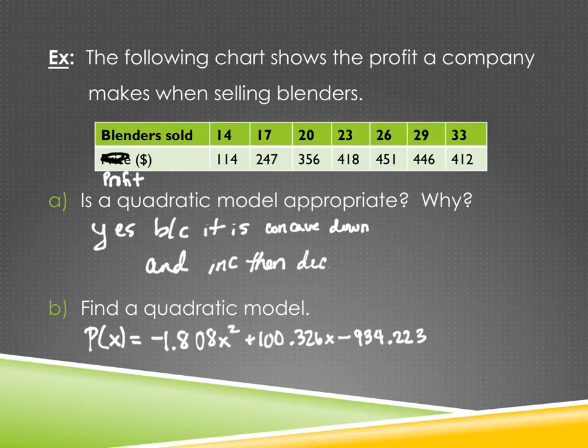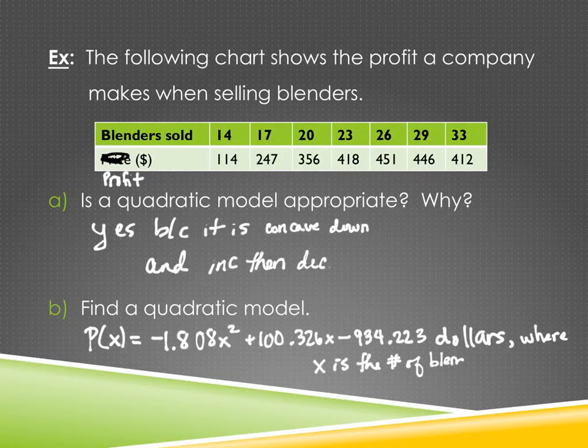I've got my equation on there. Now what do I write down? Dollars. You can say dollars of profit if you want, but at least the word dollars needs to be there. Dollars, where x is the number of blenders sold.